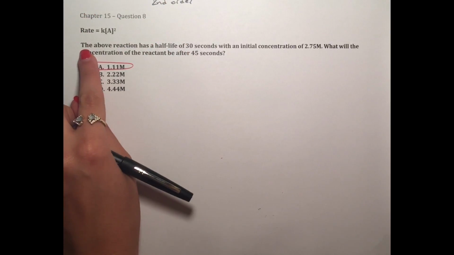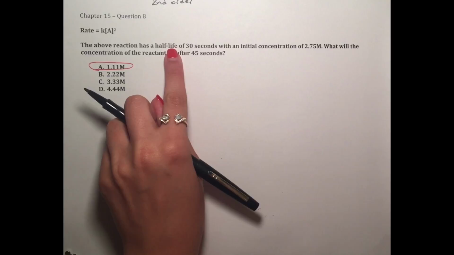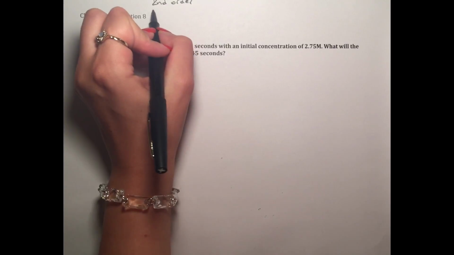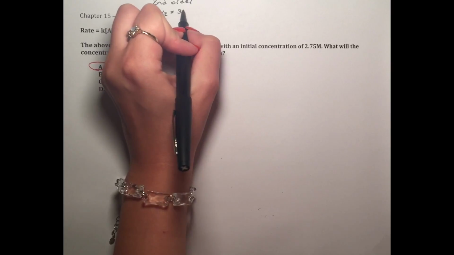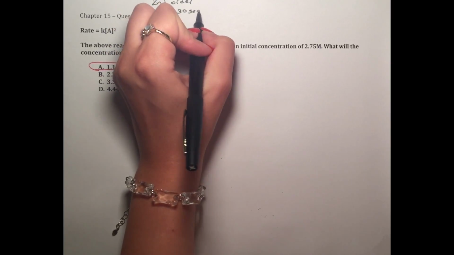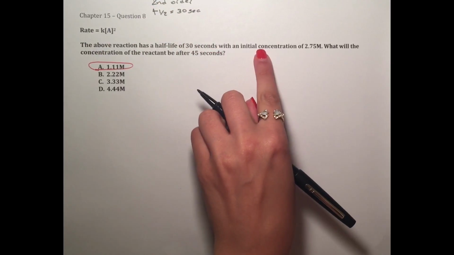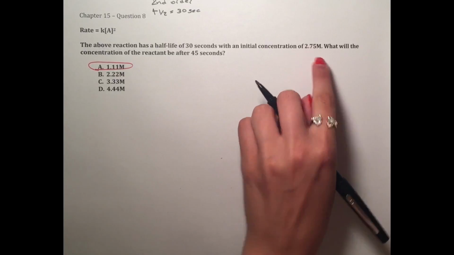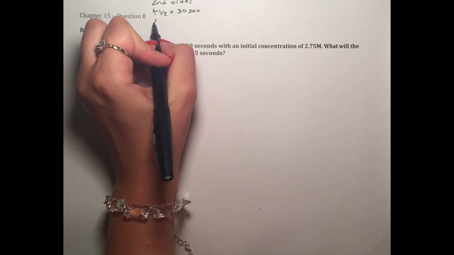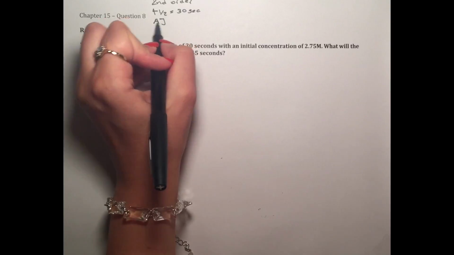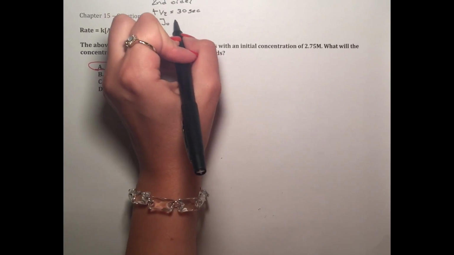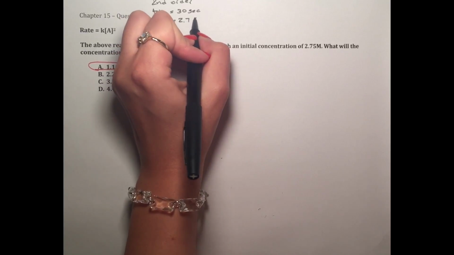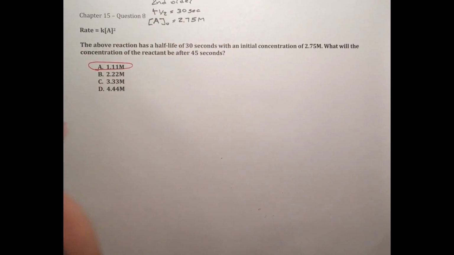And going through the question, the above reaction has a half-life of 30 seconds. So T1/2 is 30 seconds with an initial concentration of 2.75 molar. So that means that the initial concentration, A naught, is 2.75 molar.